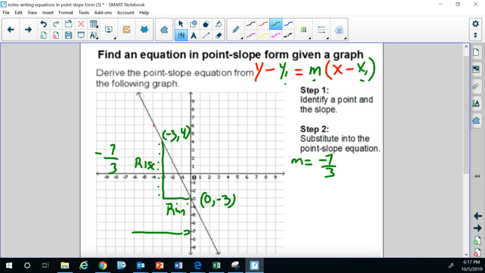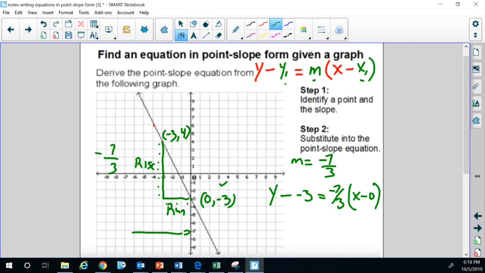And since I have 2 points already, I can just pick 1 point. So I'm just going to go with (0, -3) and plug that coordinate into the equation. And that will give me y minus, my y1 here is -3, equals my slope, -7 over 3, parentheses, x minus 0.